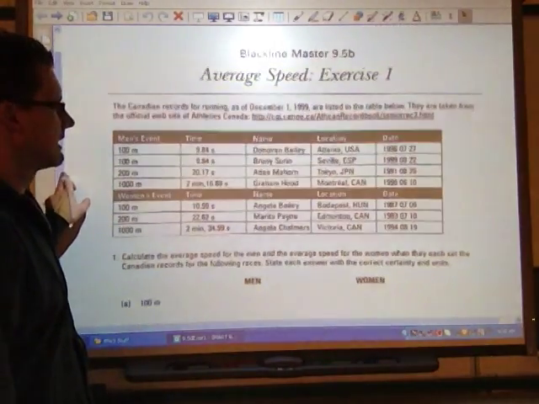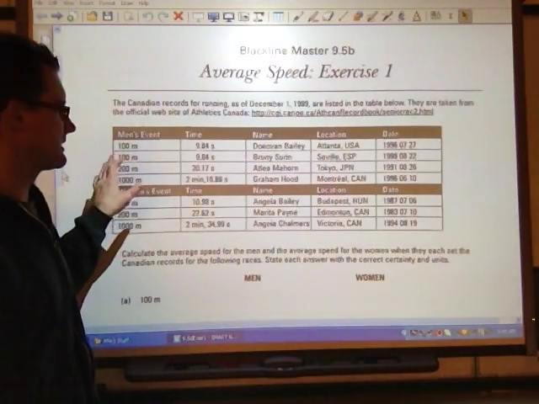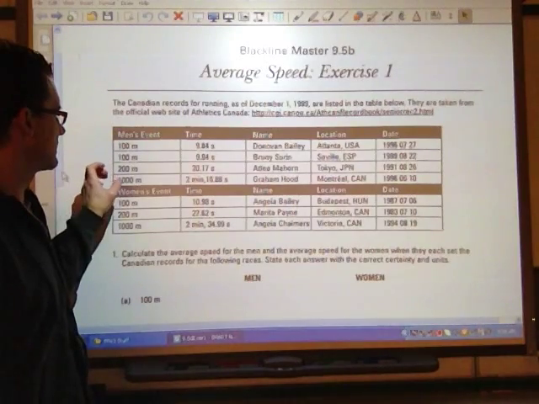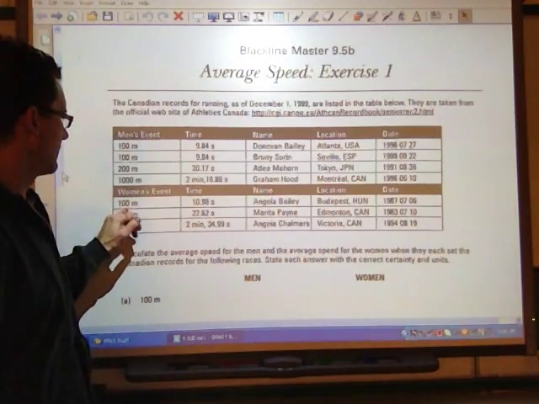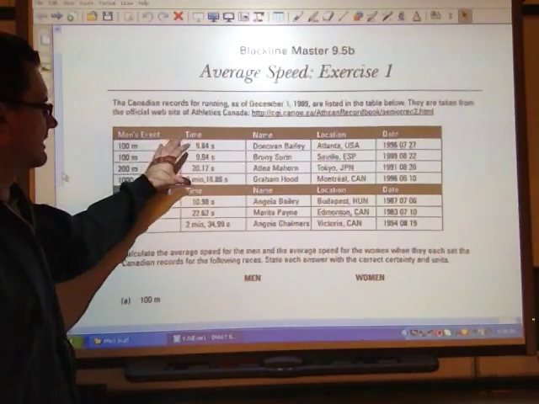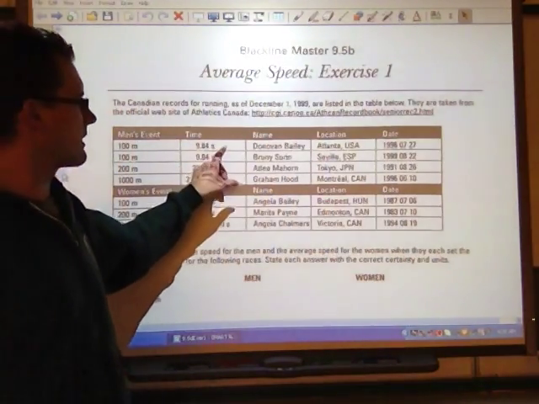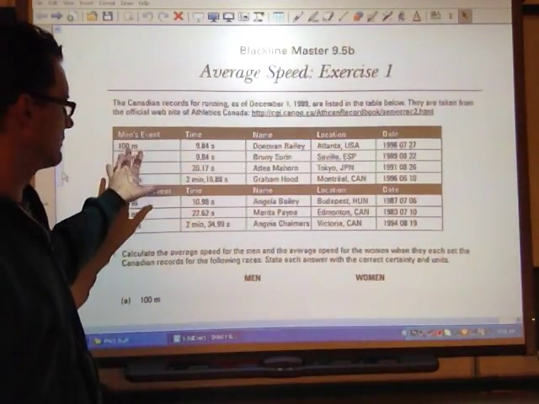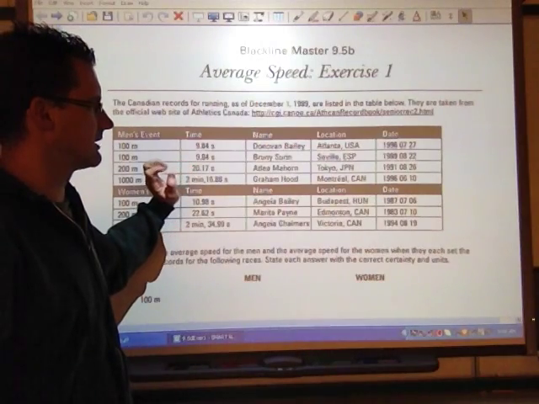If we take a look, we have it broken down into men's events and women's events. So 100-meter run, 200-meter, 1,000-meter, and then women 100, 200, and 1,000. We have times in seconds, and we have the distance in meters over here, depending upon how far they ran.